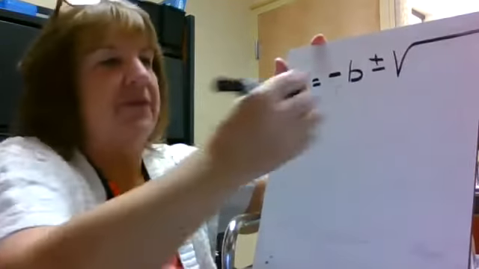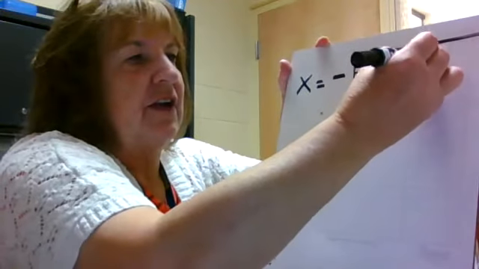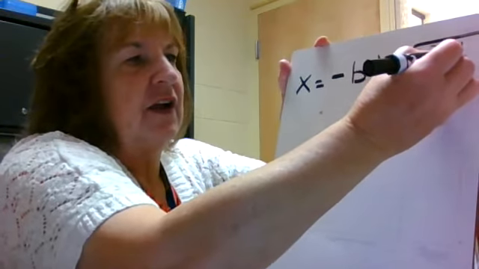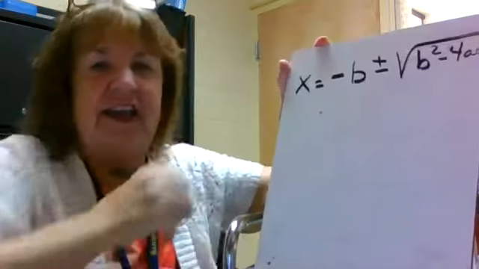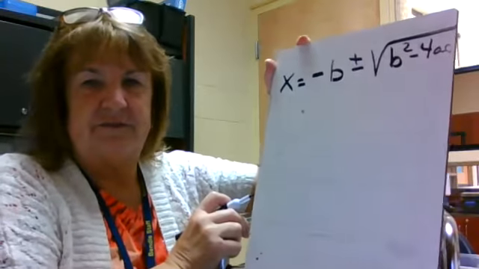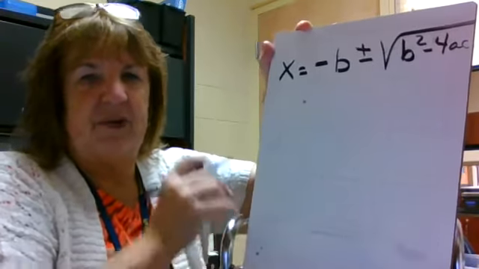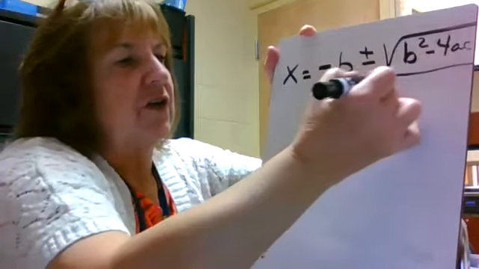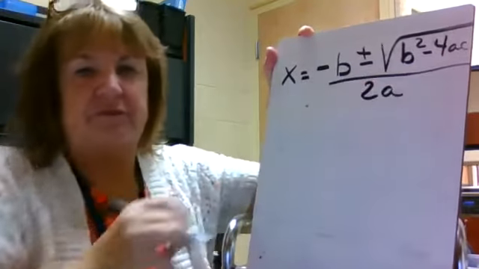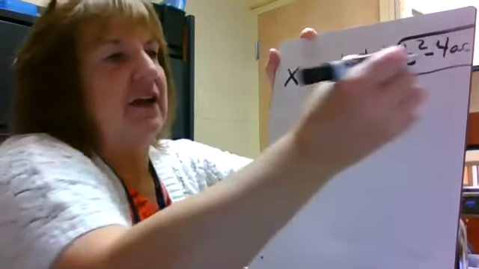Square root of b squared minus 4ac, all over 2a. That's the formula.